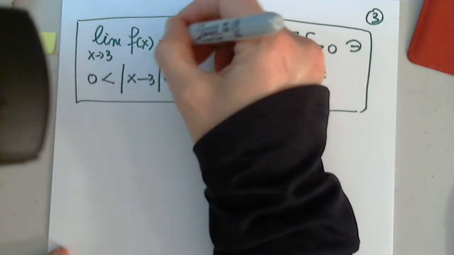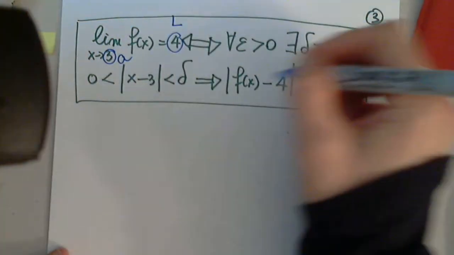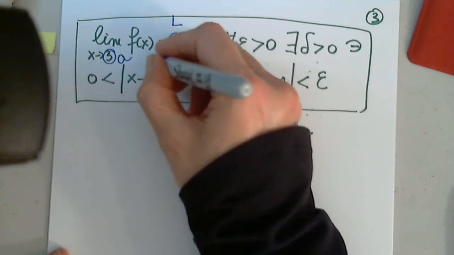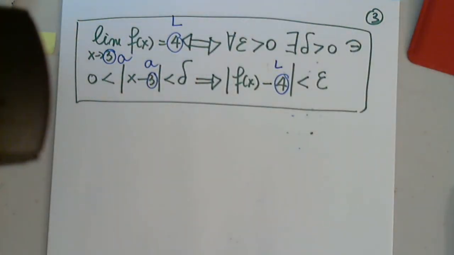So normally this will be L, this will be A, this will be A, and this will be L, as we wrote it last time. This time I just wanted to show with a numerical example, so let me write it again.